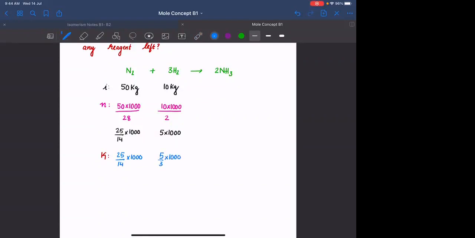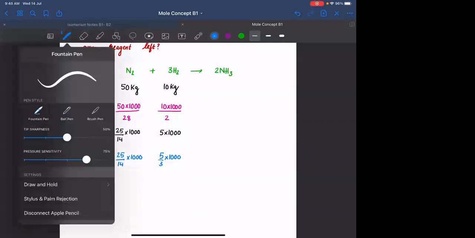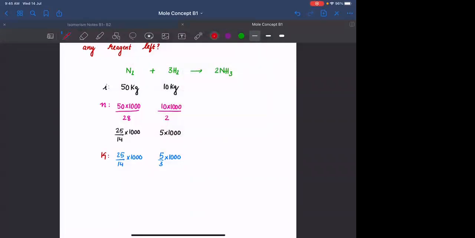Which is a lesser value? Is 25 upon 14 less or 5/3 less? Please calculate that. Which is a lesser value? 5/3. Sure? Yes, sir. So this is the K of the limiting reagent, this is the limiting reagent, and this is the excess reagent.